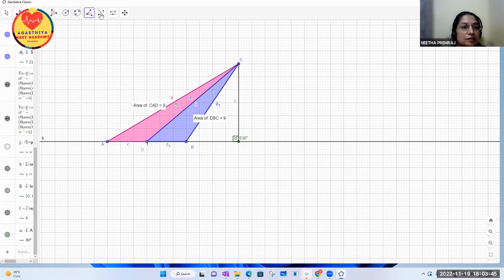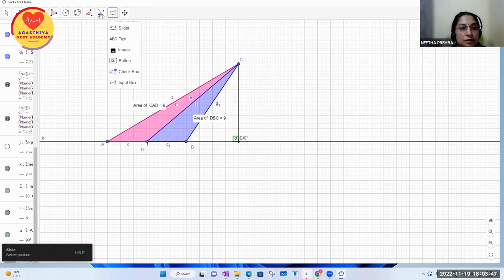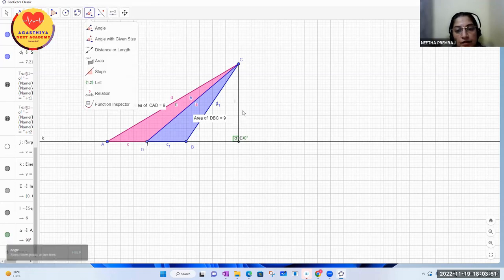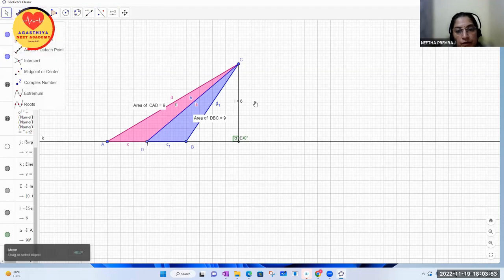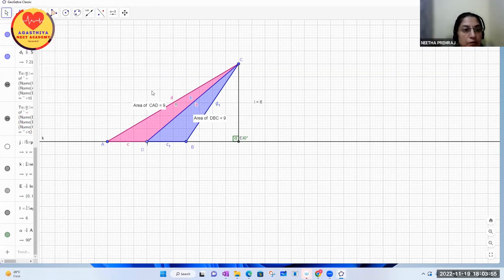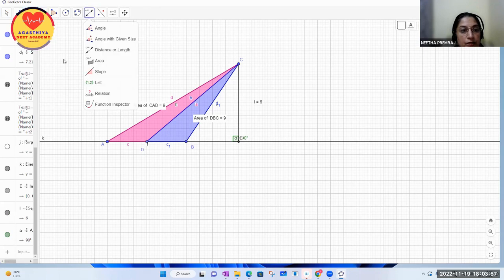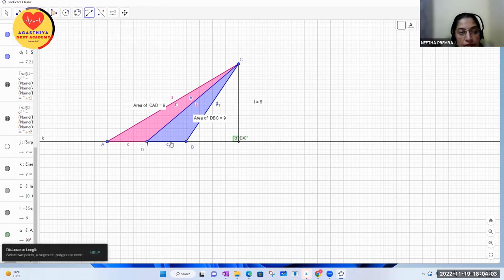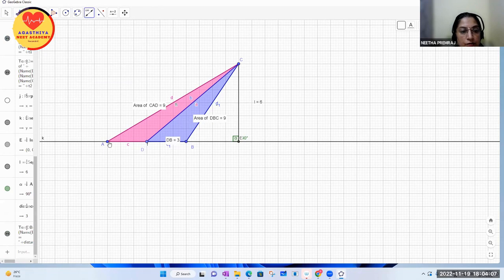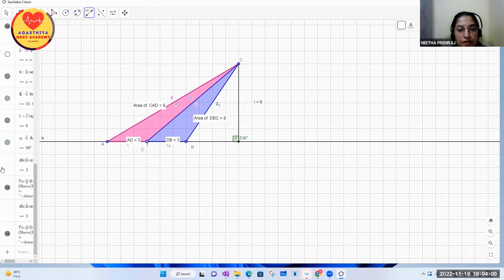I'll do the calculation once again. I want to measure this distance also. This is 3, and this is also 3. Now I calculate the height separately.